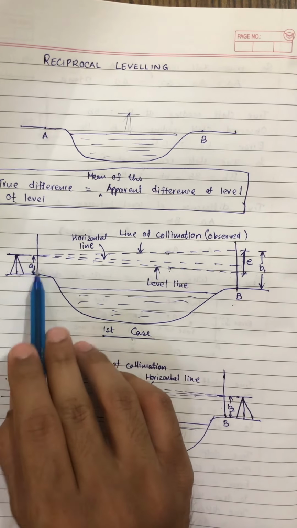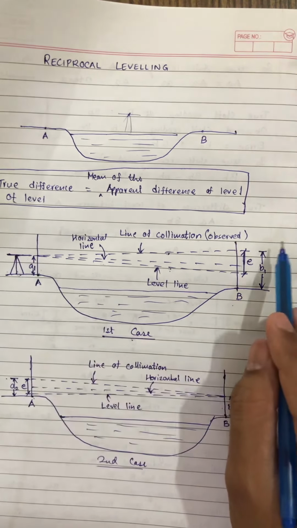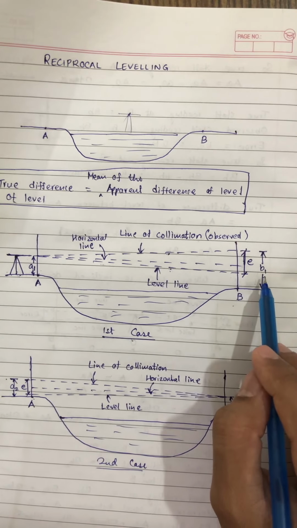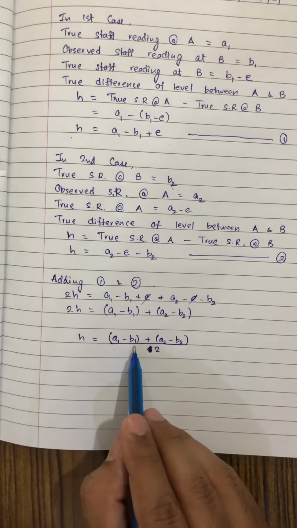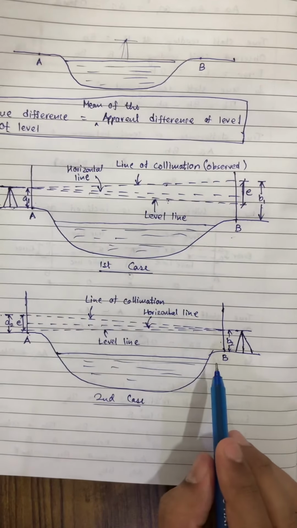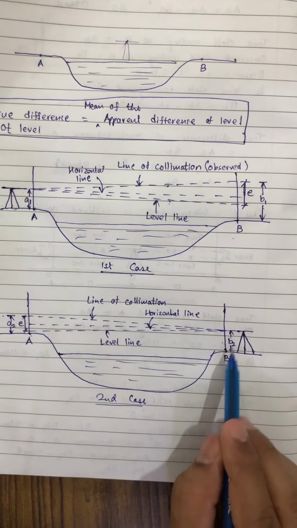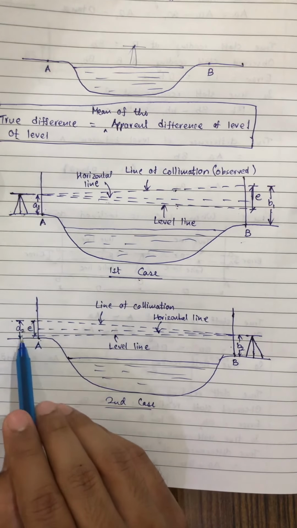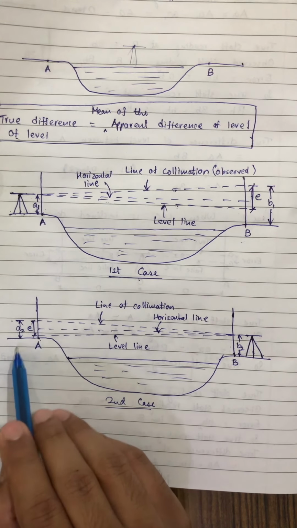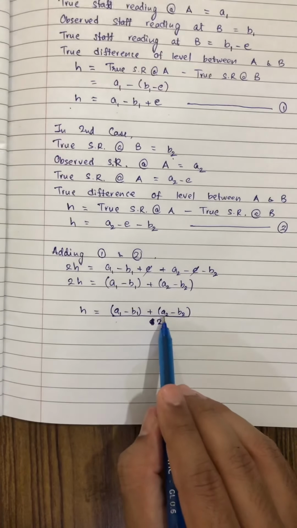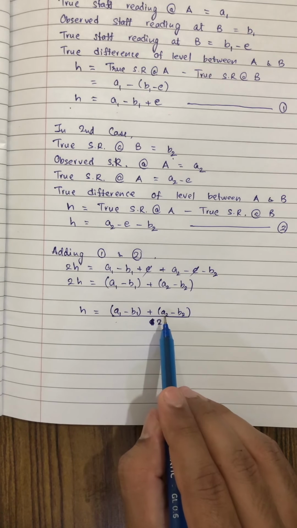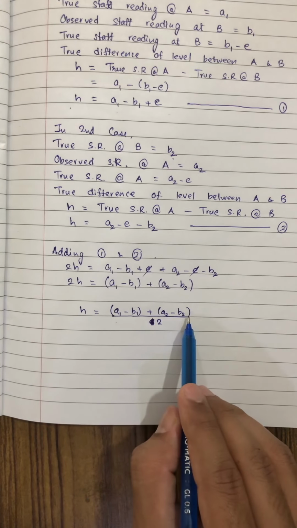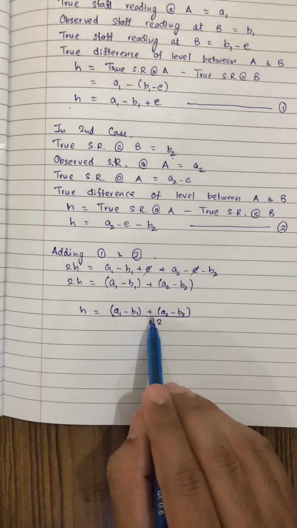So the observed reading at point A is A1 and at point B is B1, so this is A1 minus B1. Similarly, in the second case, the observed reading at point B is B2 and at point A is A2, hence it is written as A2 minus B2, and this whole is divided by 2.